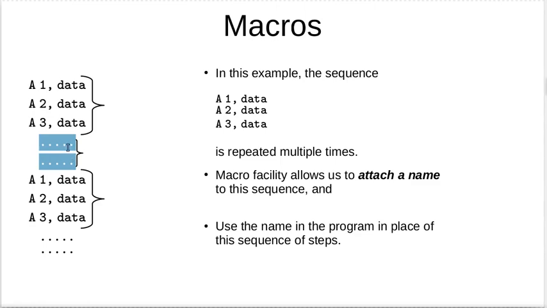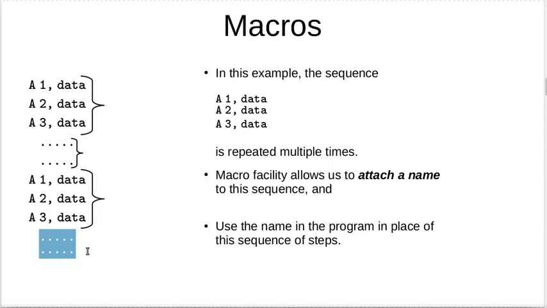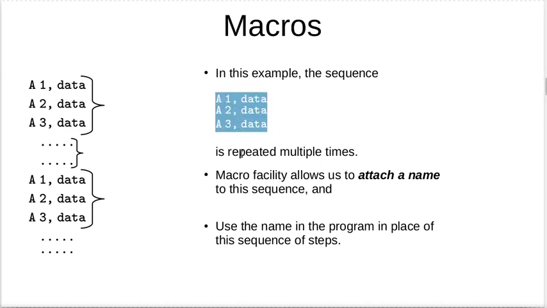These are again followed by our given sequence, A1 data, A2 data and A3 data, and again by some other one-time instructions. This is how my whole sample program goes. So this sequence of 3 instructions is repeated multiple times, in this case twice.